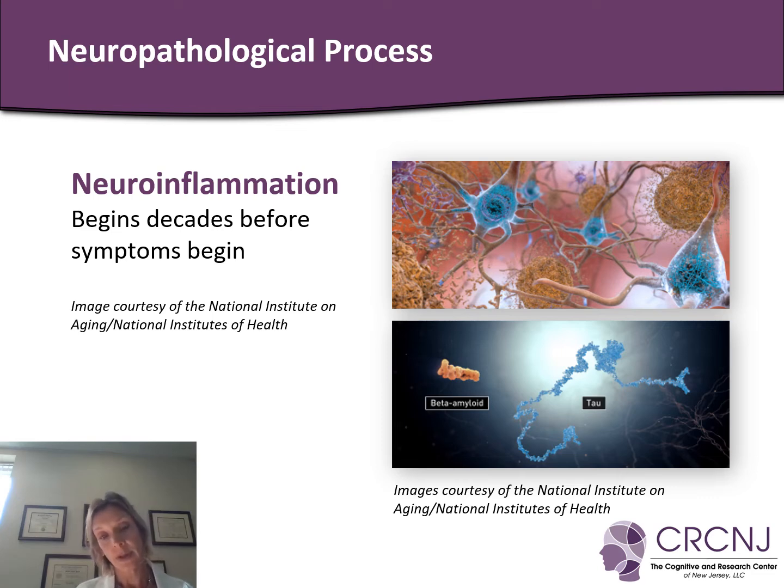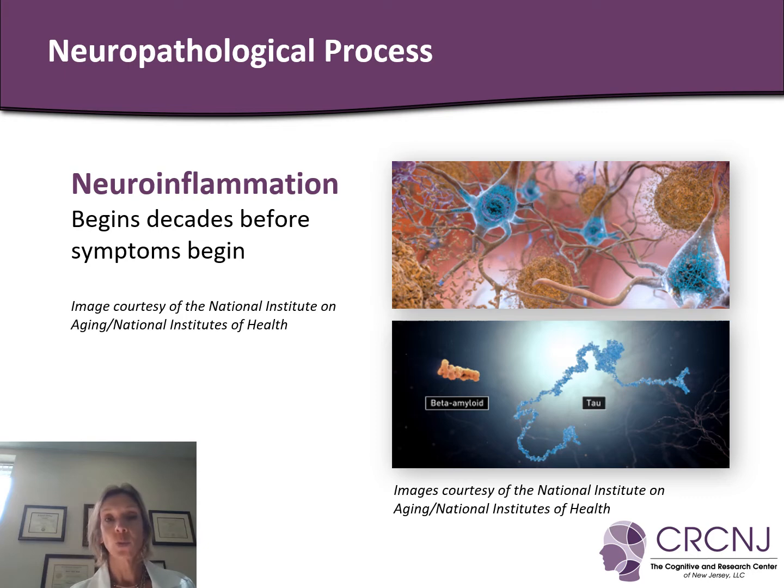We know that the third ingredient is neuroinflammation within the brain. The other thing that we know from a lot of research is that the symptoms of Alzheimer's disease, so if memory loss is the first symptom, which is generally the case, we know that these plaques and tangles have been building up for decades before the first symptom appears.